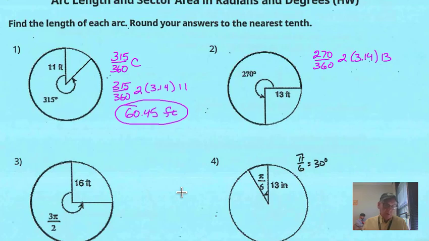And if I crunch the numbers, 270 times 2 times 3.14 times 13 divided by 360, we get 61.23. Now our units are feet, so the 270 degree distance around is 61.23 feet for that circle.